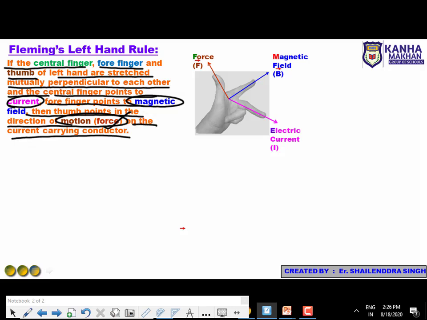It will be the direction of the force for that particular charged particle which was placed here, the plus q, moving along that direction with velocity v, which makes angle theta here.